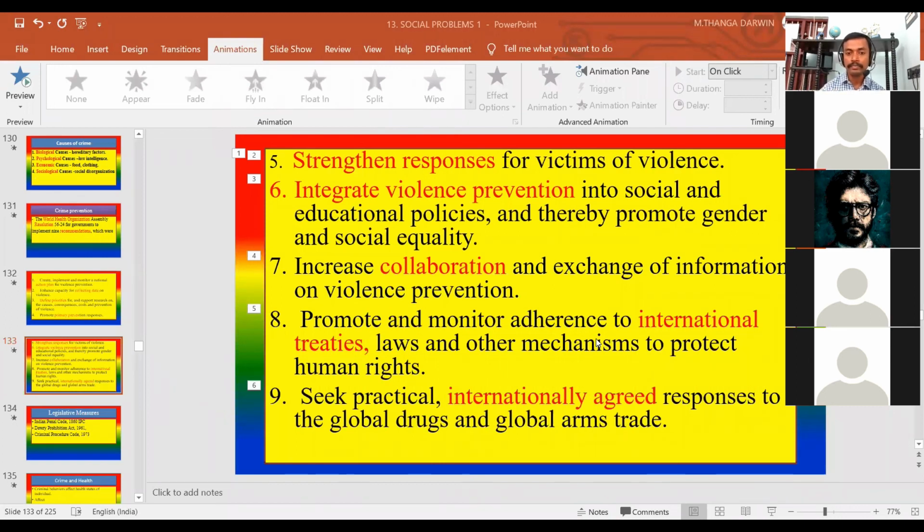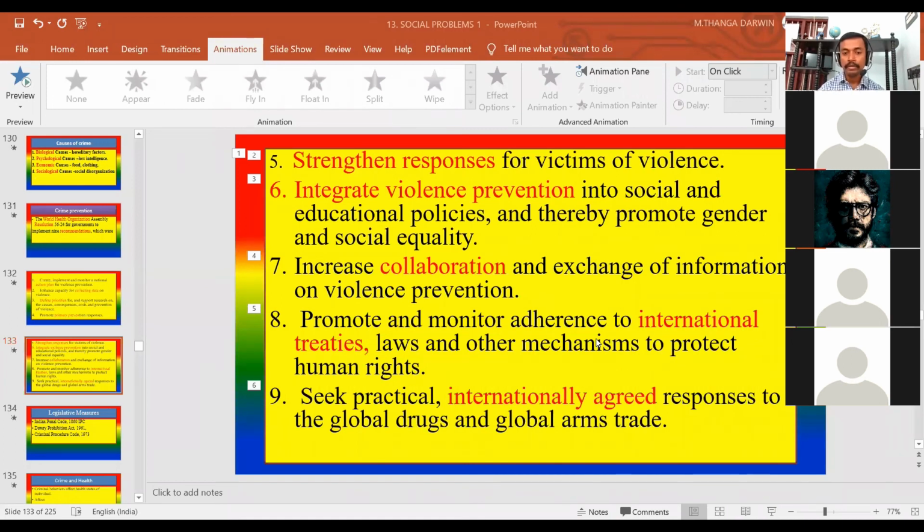Then increase collaboration and exchange of information between countries and between governments. Then international treaties are very, very important to prevent international crime, for example drugs, armed trafficking, and mainly terrorism.